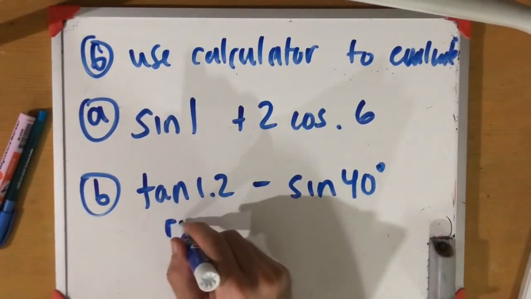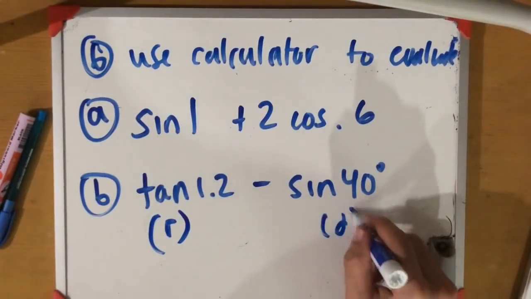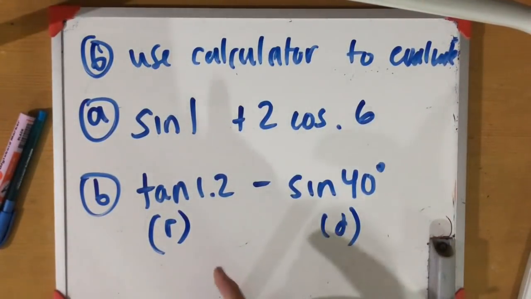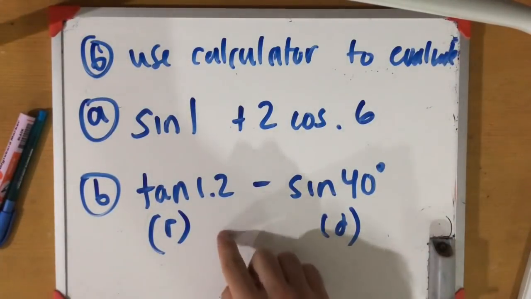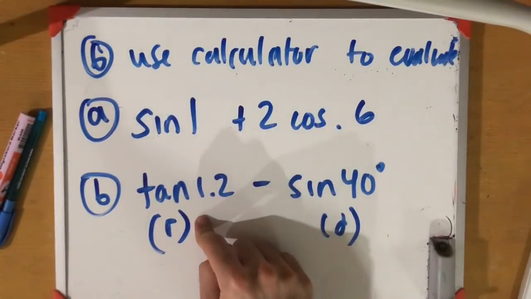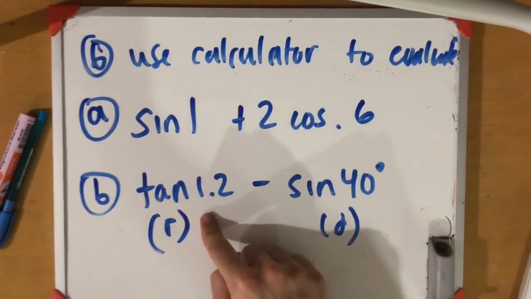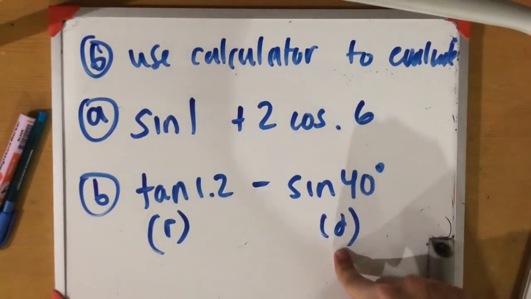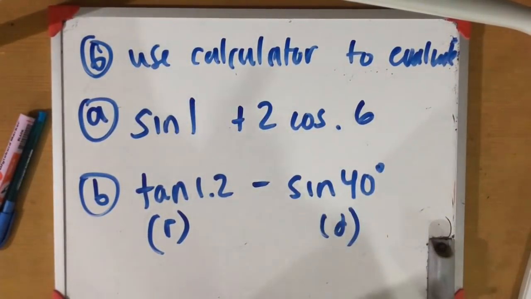So this is in radians, but this is in degrees. So you'll have to do them separately within your calculator. You have to go to shift mode, go to the correct measurement. Again, this would be in radians, so you get that separately from when you get sine 40 in degrees. And then you would end up subtracting them. But again, there's not much to this, so I won't really go over it. You just have to know how to use your calculator.